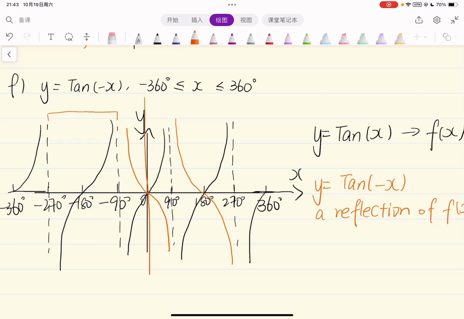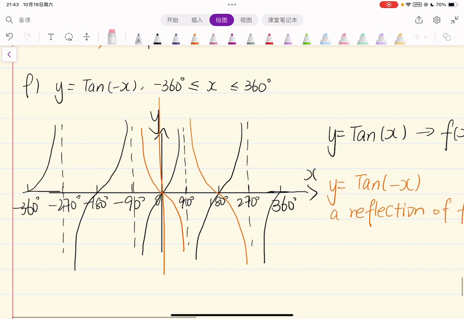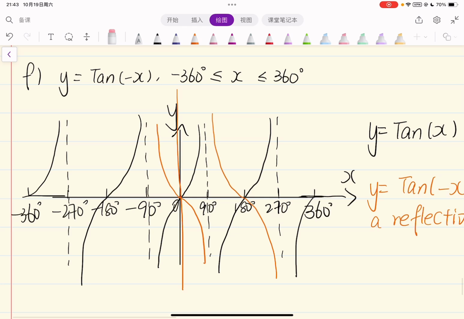And for the graph between minus 360 and minus 270, we do the reflection. So the graph on the right hand side will look like that.